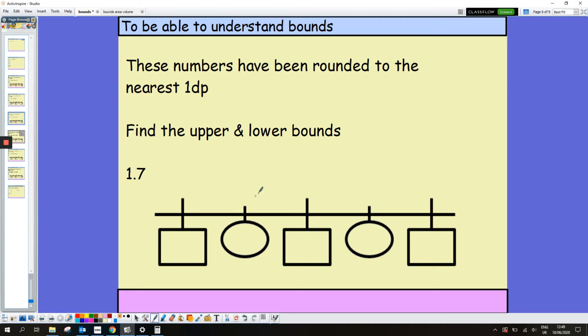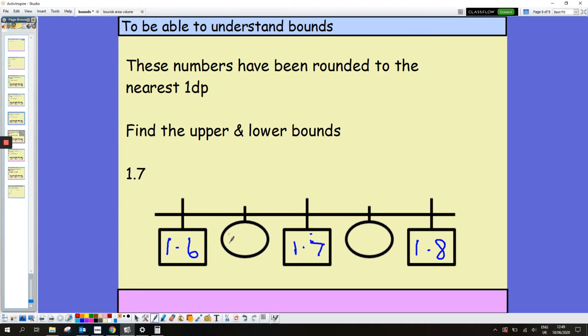This one has been rounded to one decimal place. So if I start with 1.7 in the middle, and then if I think of one decimal place less, it's 1.6. One decimal place more is 1.8. And then I can fill in these here.